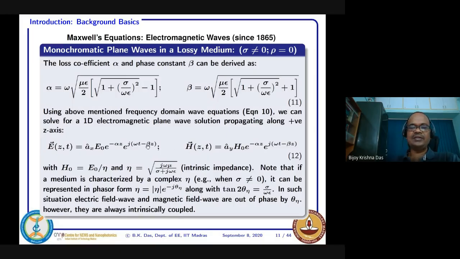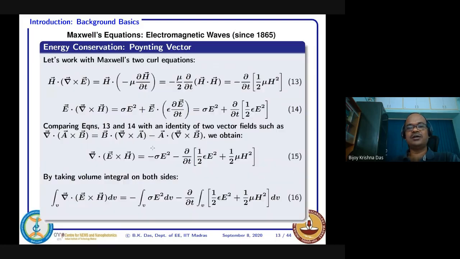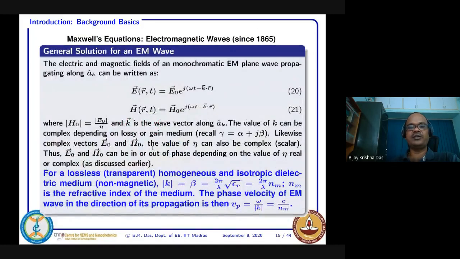So in that case, can we write this beta z? We cannot. So in that case, we have to modify the electromagnetic field equations, like this. If you are considering a certain direction of propagation, then for that particular direction, instead of beta, we assign a vector, and that vector is called k.